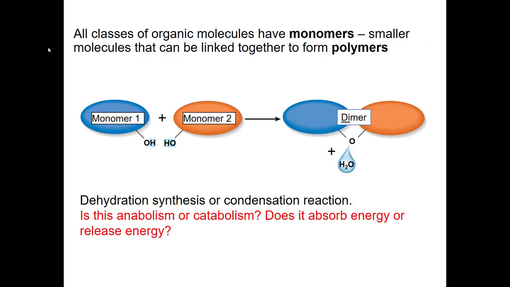Okay, so this example that we're looking at here, let's reflect on it a little bit. We have two monomers coming together to form a dimer, a small polymer. Is this anabolism or catabolism? And then taking the answer to this question in mind, do you think it absorbs energy or releases energy? Everyone take a minute and write that into their notes.